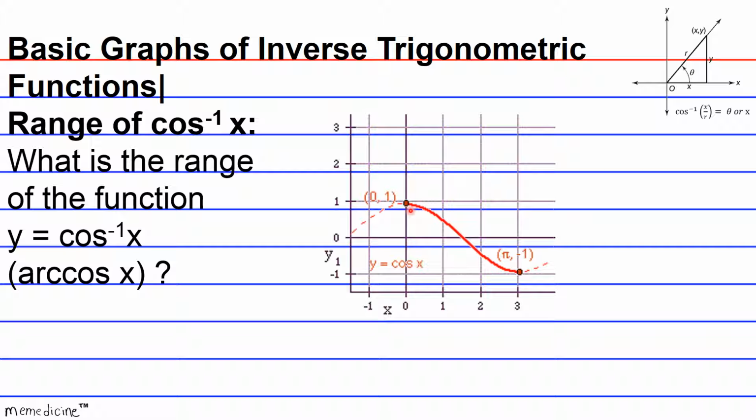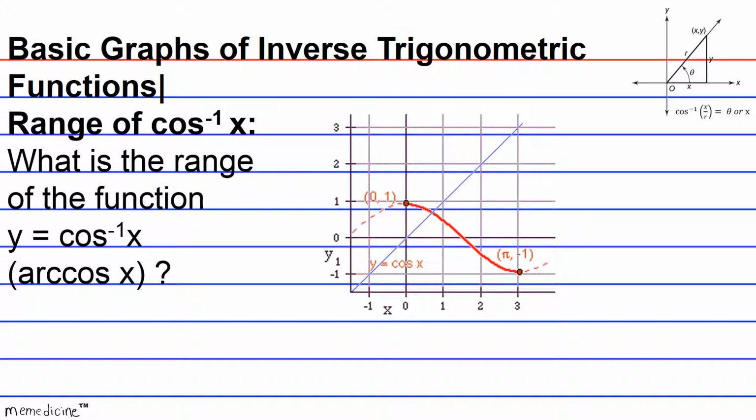Yeah, so remember I told you earlier that the inverse cosine of x is the inverse function of y equals the cosine of x. And in order to generate any inverse function, you basically just switch the domain and range, or you switch all the x and y values. And the quickest way to do that is to flip the original function about the line y equals x.